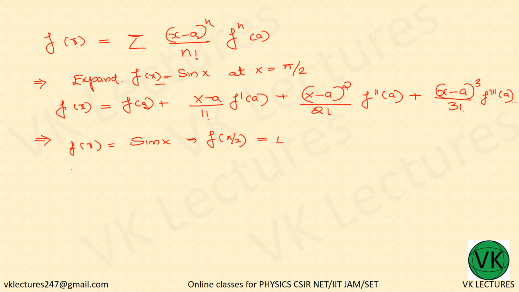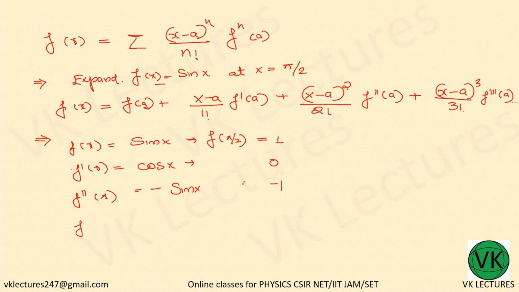Now next one is the first derivative of f of x, that is f dash of x is equal to the derivative of sin x, cos x. Cos x at pi by 2 is 0. f double dash of x is minus sin x, that will be minus 1.